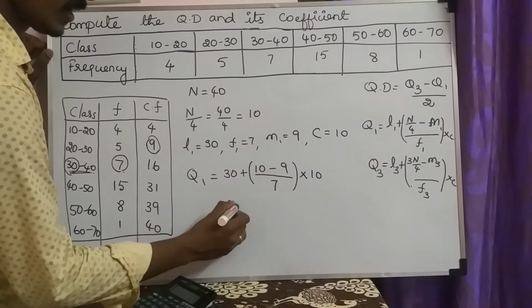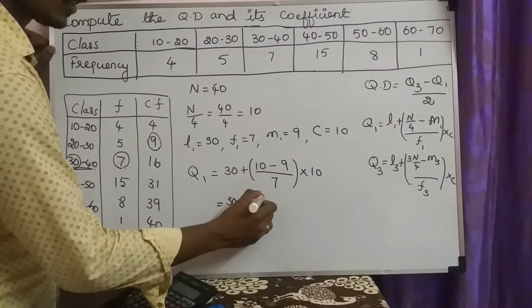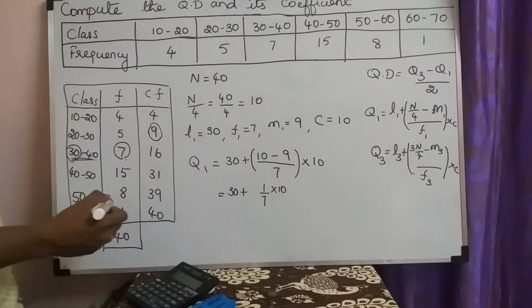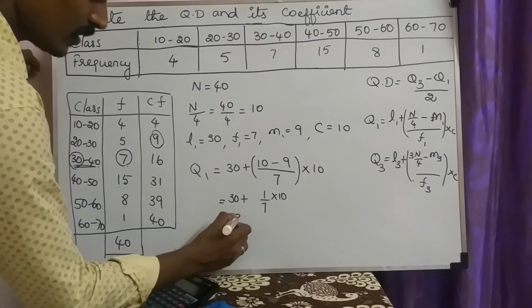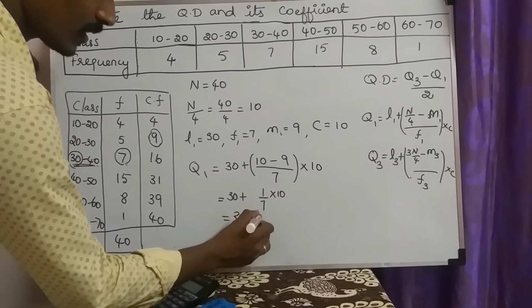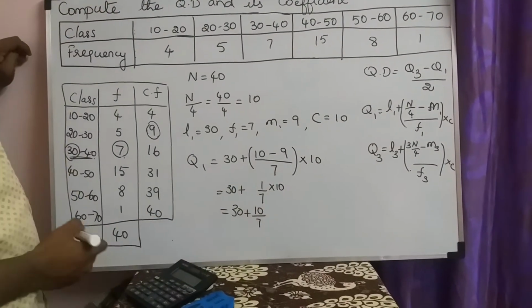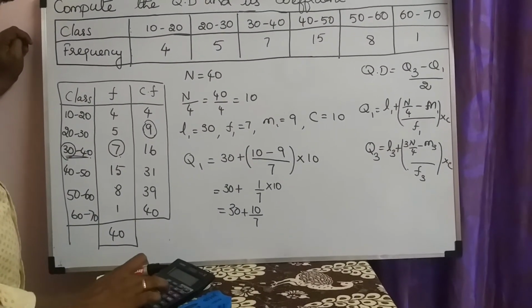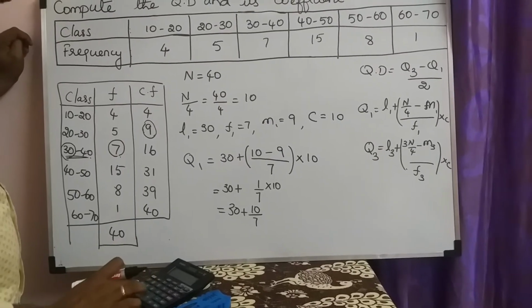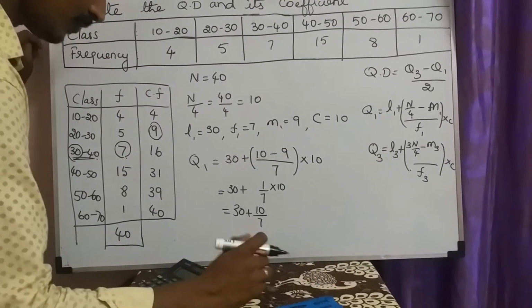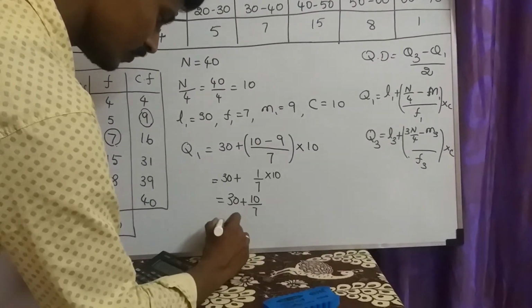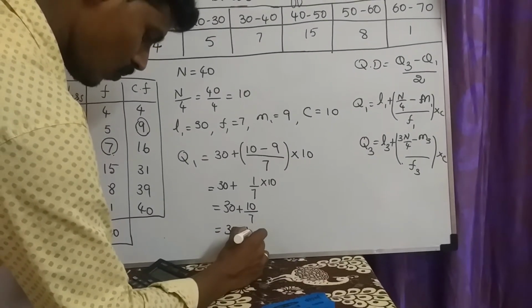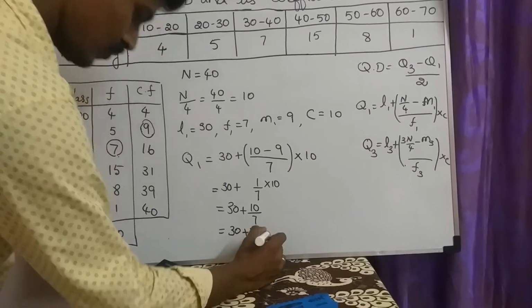So 30 plus 1 by 7 into 10. Therefore 30 plus 10 by 7. 10 by 7 is 1.428.